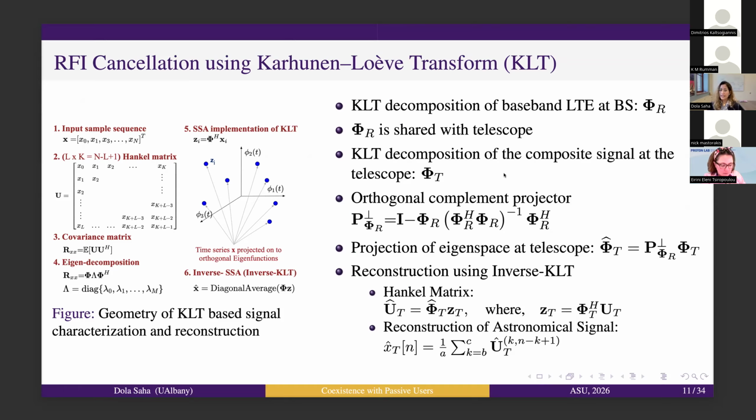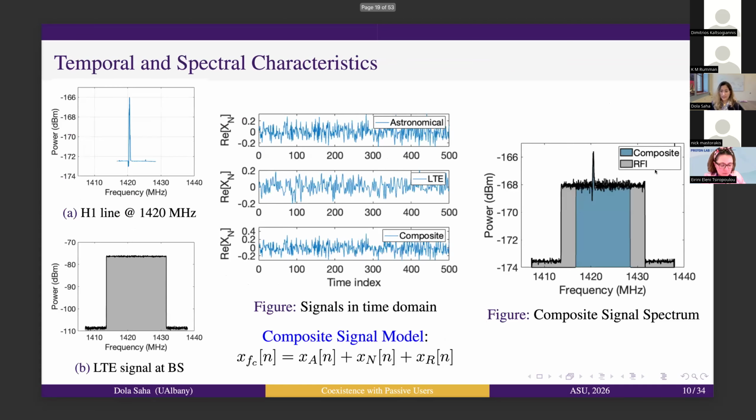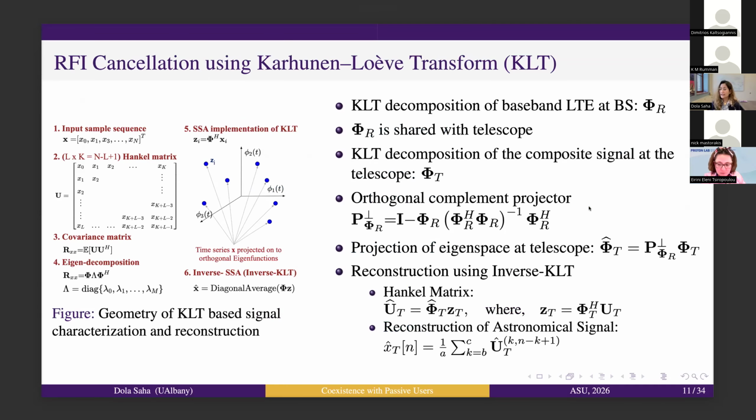And after that, the telescope also decomposes its composite signal, because the telescope actually receives this signal, this is the signal that the base station is transmitting, and this is what is received at the telescope. And then we do an orthogonal projection of those two so that we can cancel out the RFI, and then we reconstruct the astronomical signal back using the inverse KLT method.